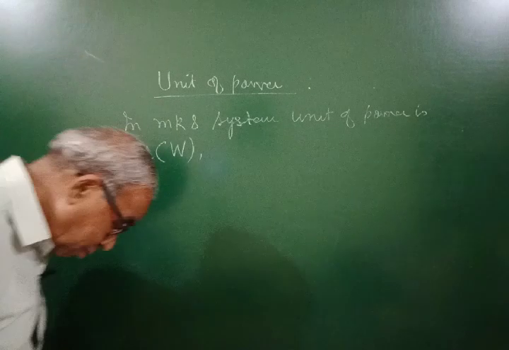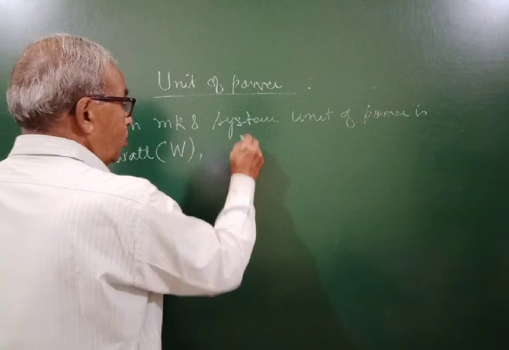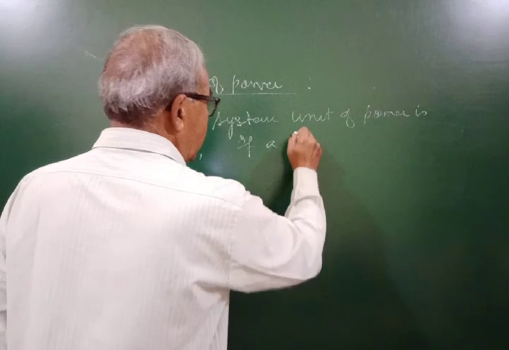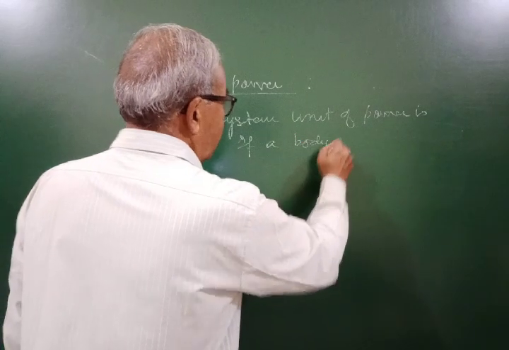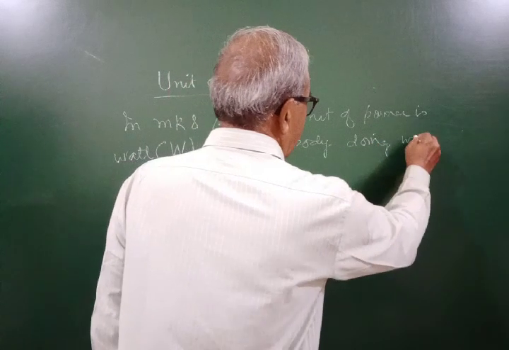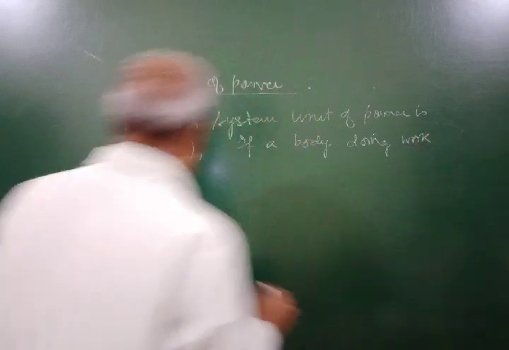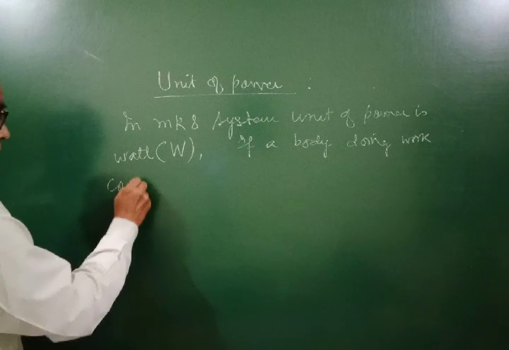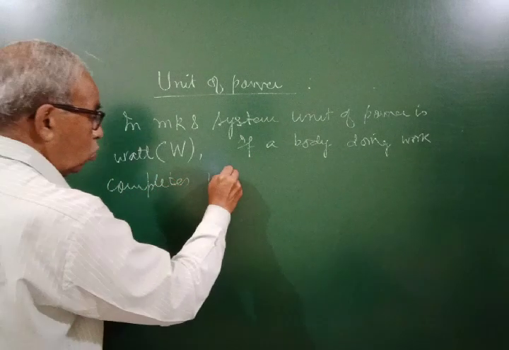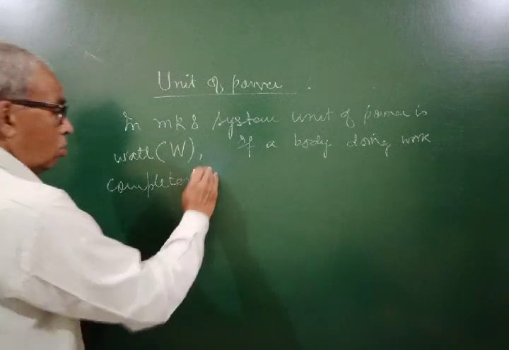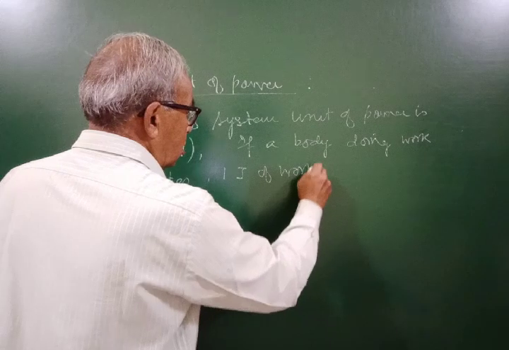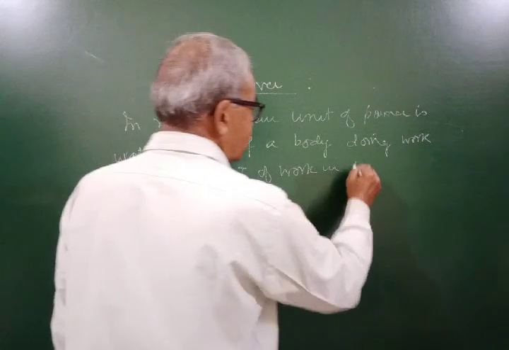Then power is 1 watt if a body doing work completes 1 joule of work in 1 second.